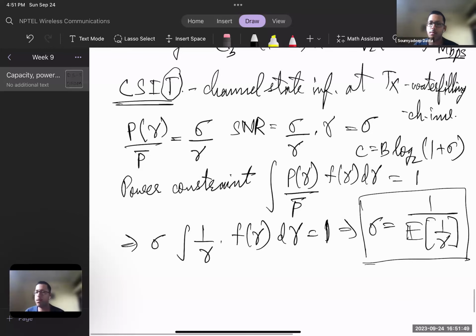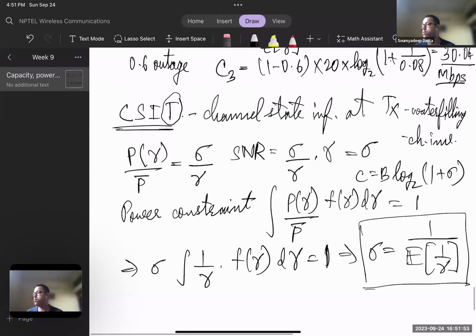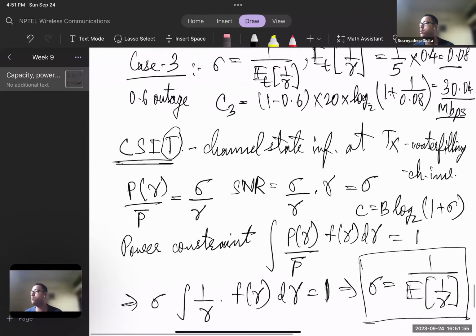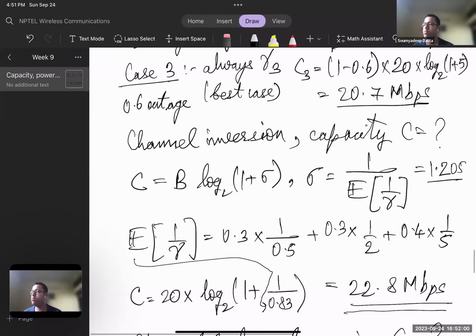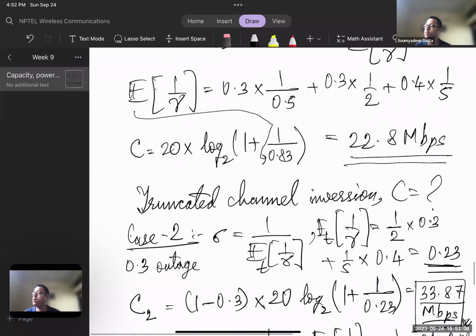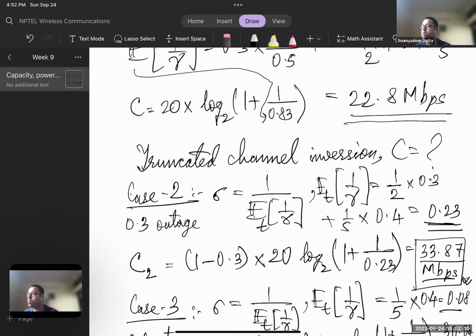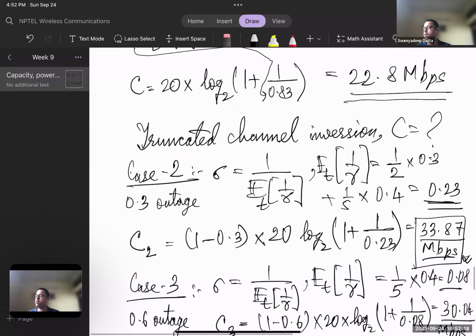Anand, I believe, right? I hope this is clear. So this is what we do in channel inversion. What I discussed in the problem is that if you do channel inversion for all of the channels, then this is the capacity we'll get. If you decide to neglect the worst channel state and do channel inversion for the other two, then this is the capacity we'll get, 33.87.